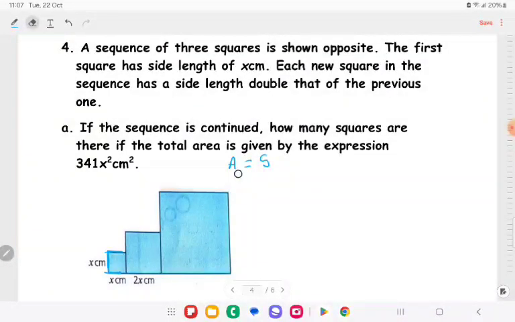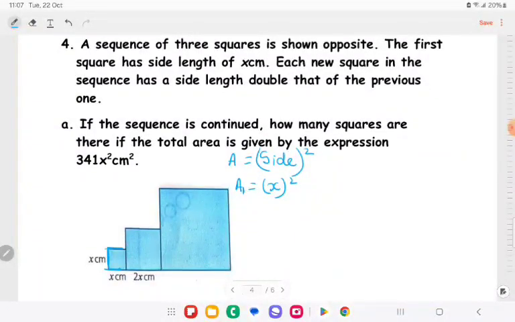So area of the first square is side square, means x square.